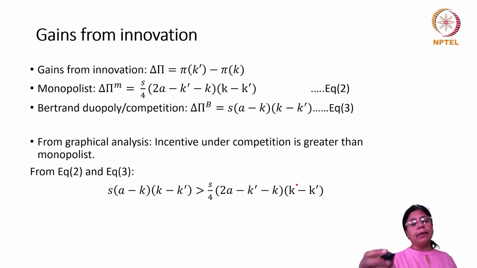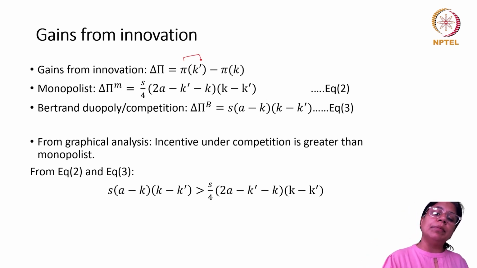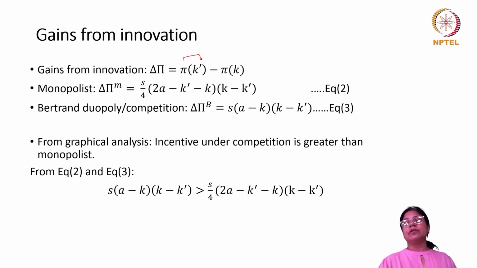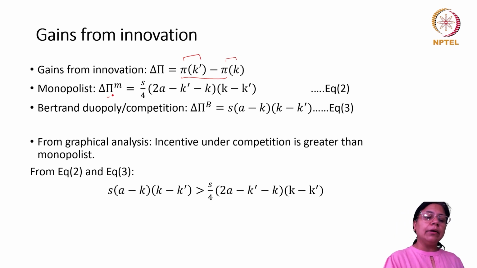We have to compare the profit which the monopolist will make if the cost is K prime, which we have said earlier is the reduced cost of production because of the innovation, with the profit which he or she will make if the cost of production is K. The difference between the two will give us the incentive of the monopolist to innovate.